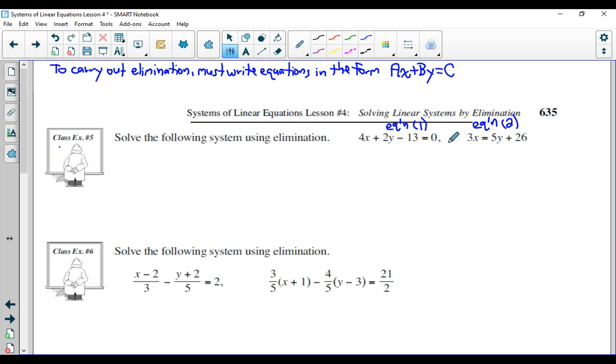Right now, neither of these equations are in that form.